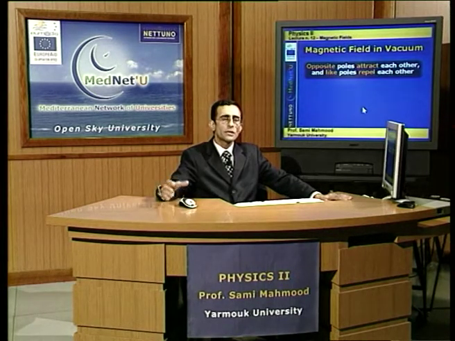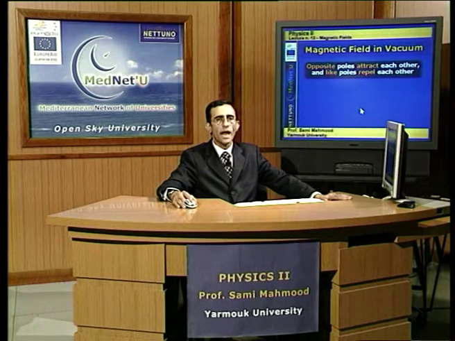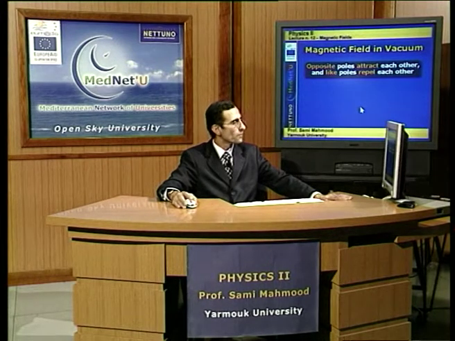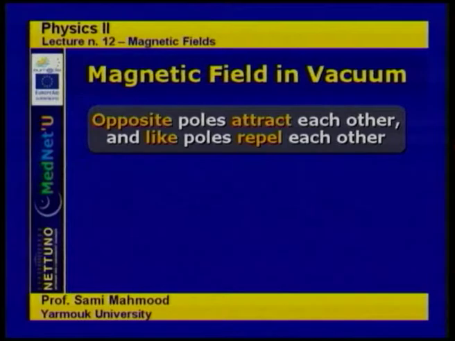Now, just like electric charges, magnets interact and exert forces on each other. We observe an effect similar to electrostatics, where we see the interaction of magnetic or magnetized objects.